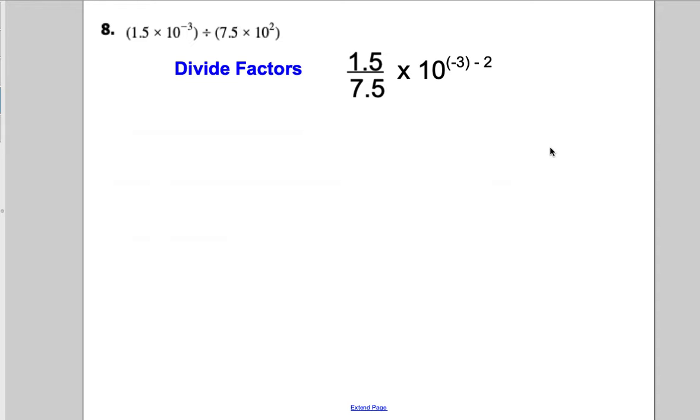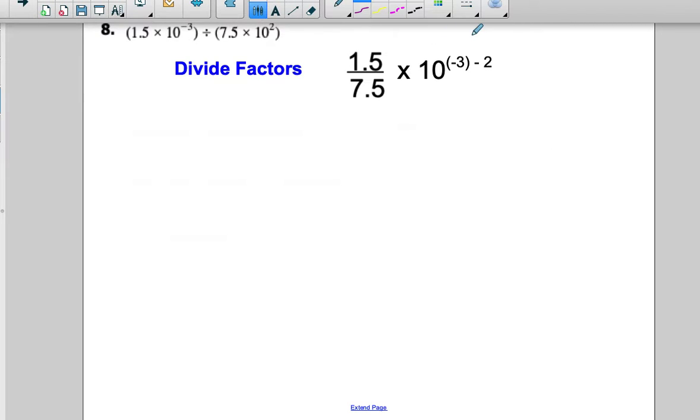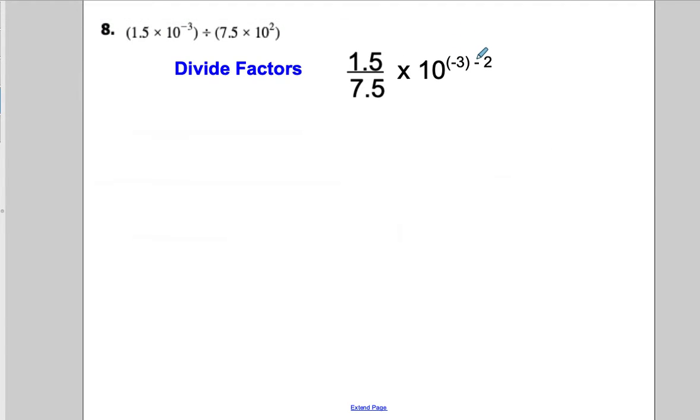Okay, trickiness, because when we're using subtraction, we know we need to add the opposite. Which means I end up with 1.5 divided by 7.5 is 2/10 times 10 to the negative 3 plus negative 2 is negative 5.